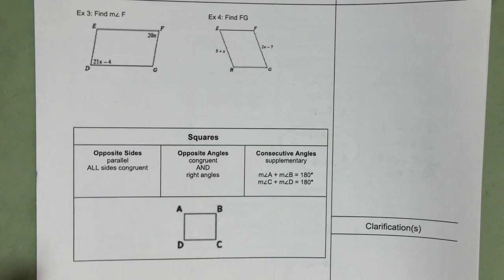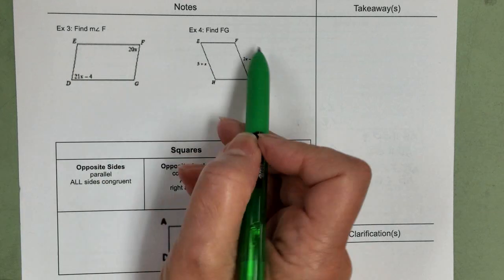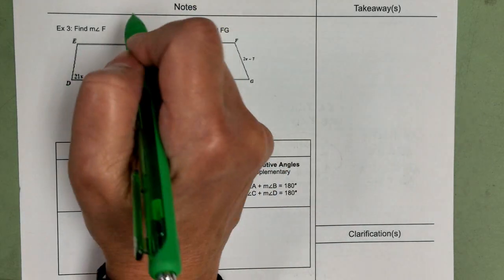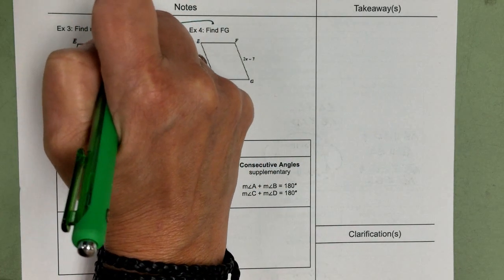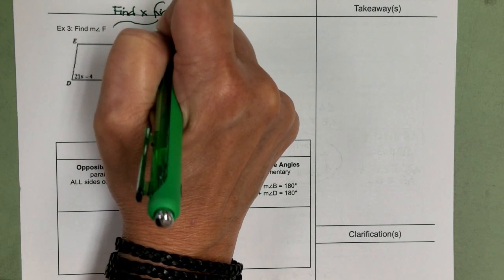Okay. Now our next two examples, we need to find the measure of an angle and the length of the side. And notice we are given algebraic expressions. So for both of these, we need to find x first.